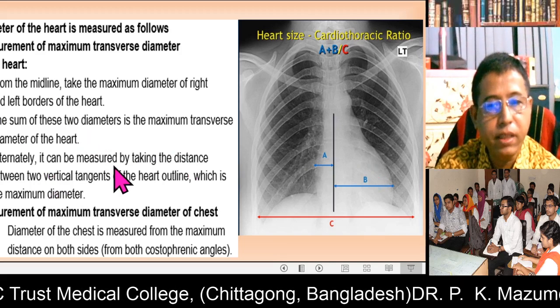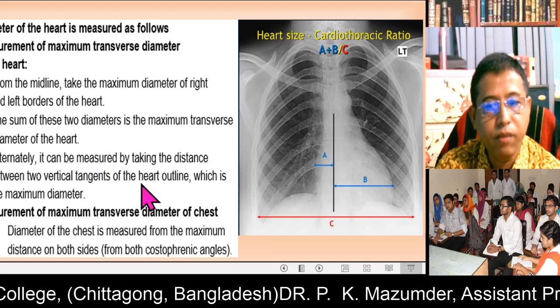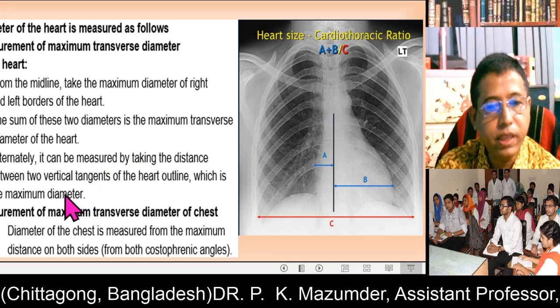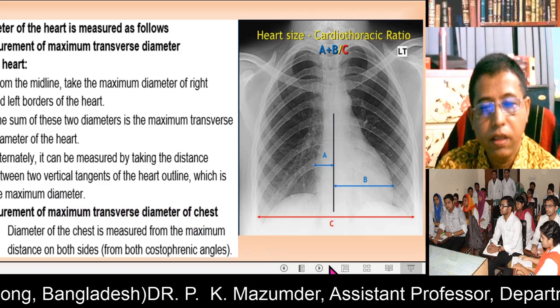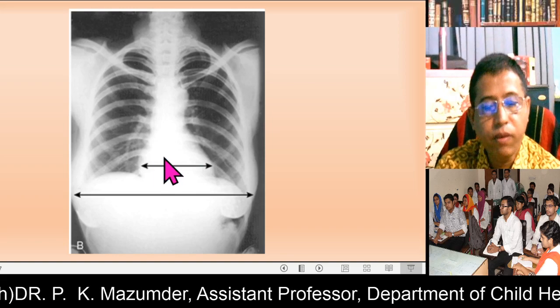Alternatively, it can be measured by taking the distance between the two vertical tangents of the heart outline, which is the maximum diameter.